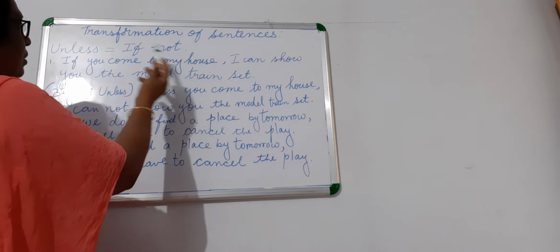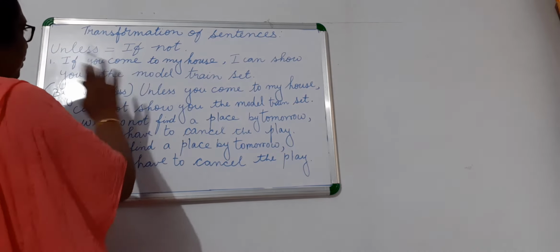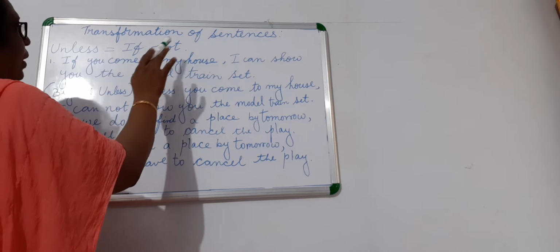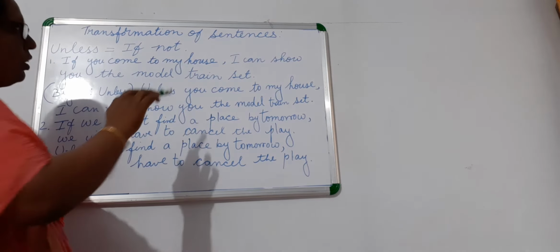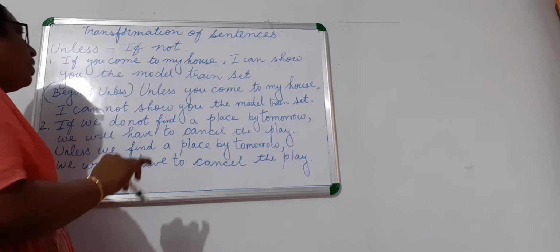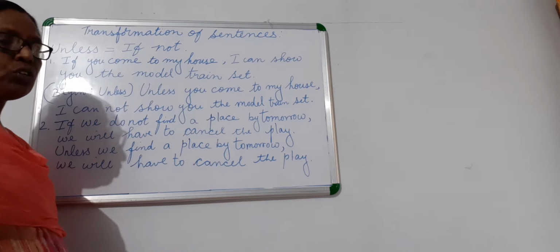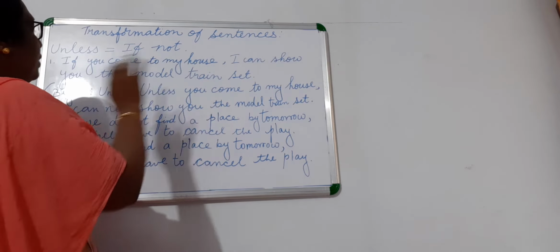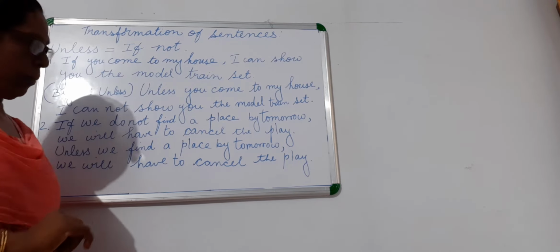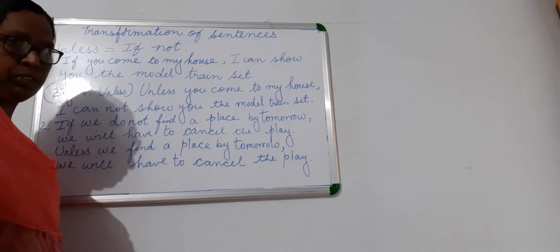Like that. So first we understand the question. If you come to my house, there is a condition, and after the condition there is a comma. I can show you the model train set. So there is a condition in this sentence, if you come. I said unless means if not.